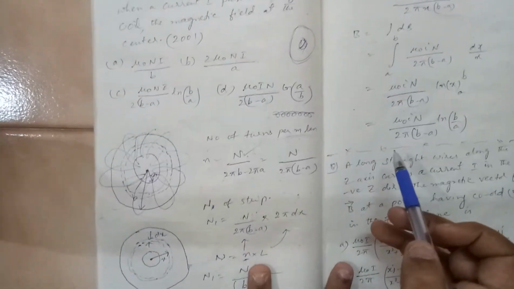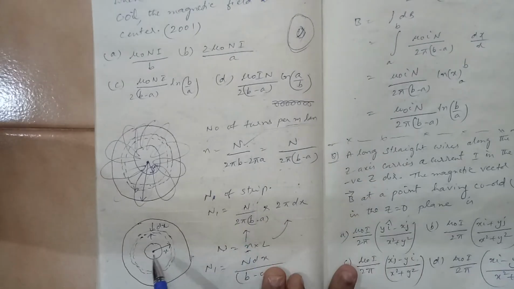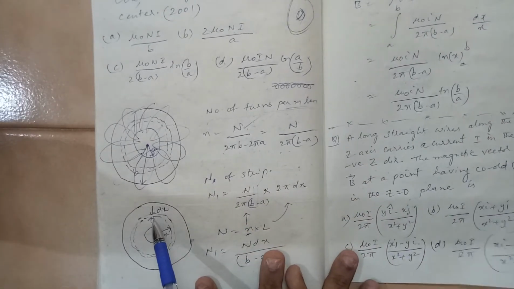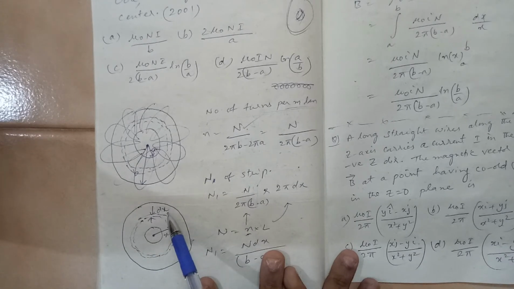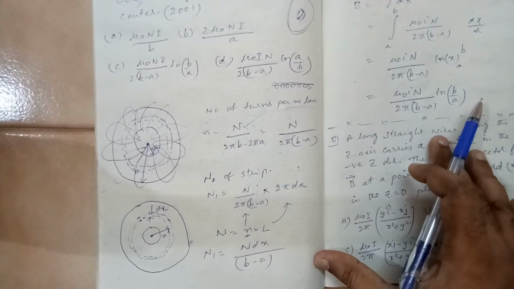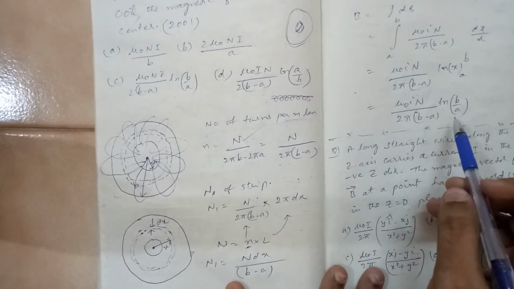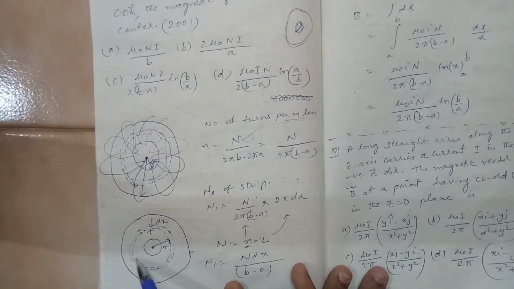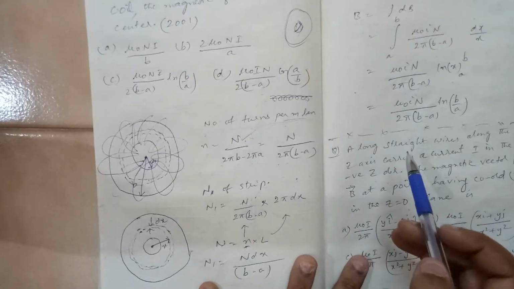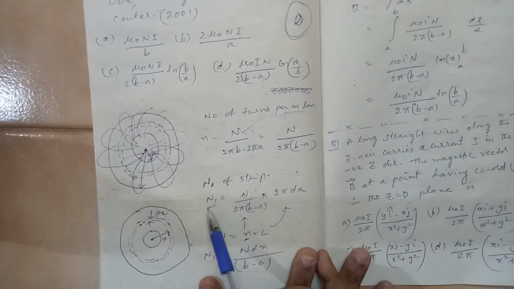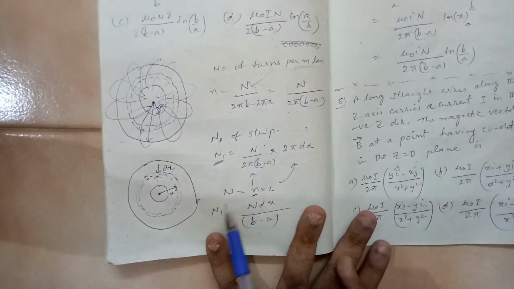Now in order to solve this, we are trying to find the magnetic field strength at the center. What we will do is, we will take a small strip located at a distance x. It is a circular strip of thickness dx. So we have to find out the number of turns in this particular strip of dx width. Let us call that number n1. So n1 will be, how do you get the total number of turns?